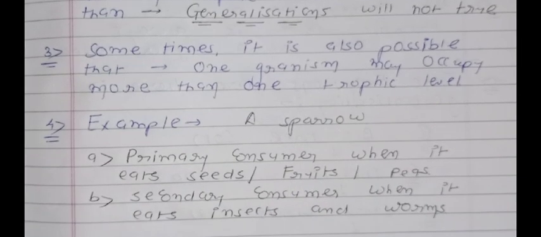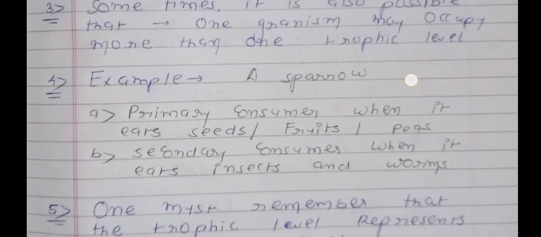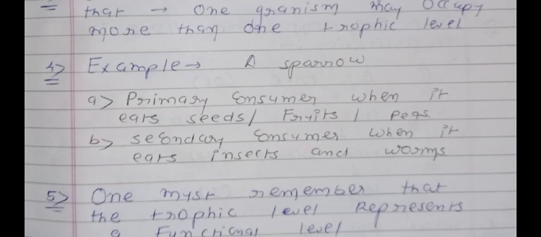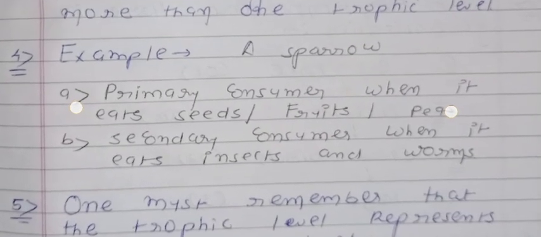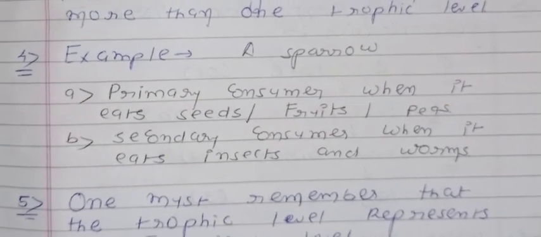Now we will understand the example of point number 3. Now see point number 4, there is an example. If we have one organism, the sparrow, you know that the sparrow is a bird. If the sparrow is a member of any ecosystem, it will act as a primary consumer when it eats seeds or fruits or peas, but it will act as a secondary consumer when it eats insects and worms.